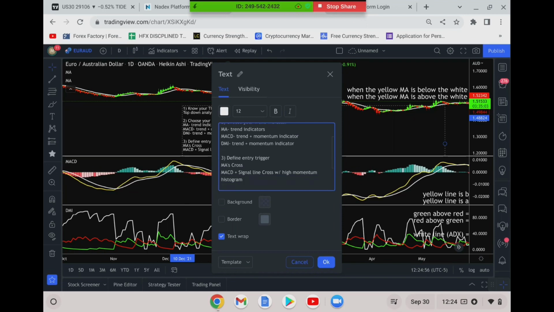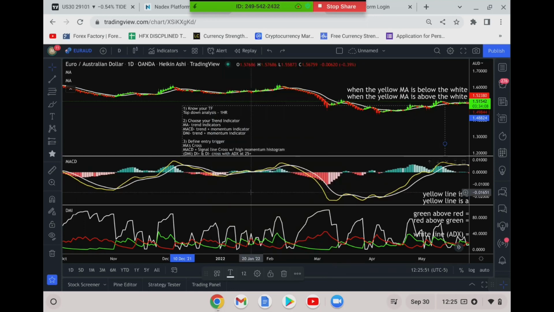And then for our DMI, we want to see the DI plus and the DI minus cross with ADX at 25 or above.